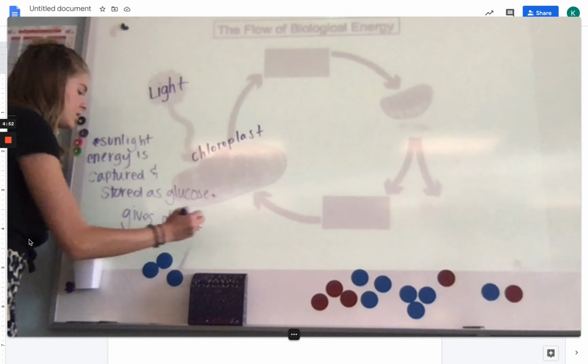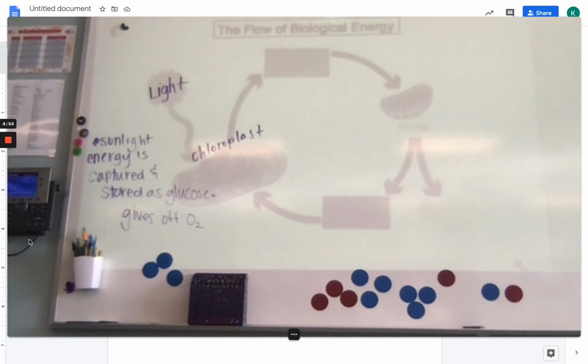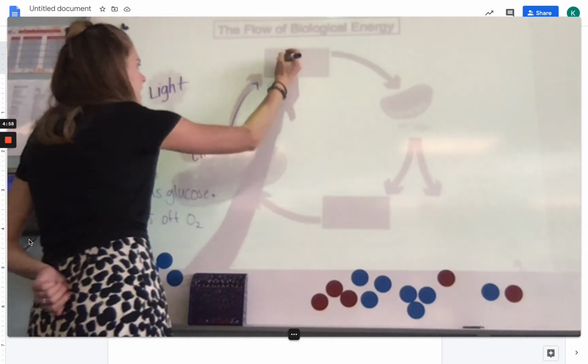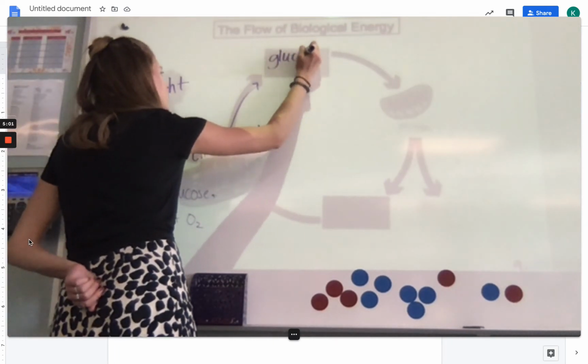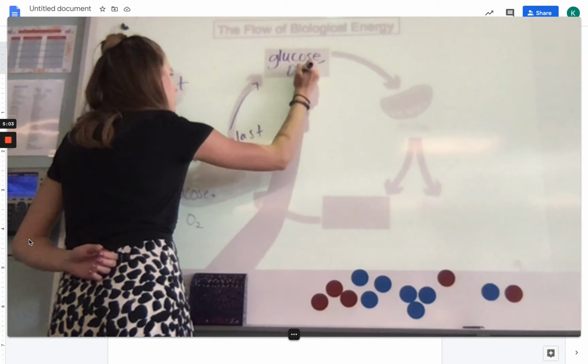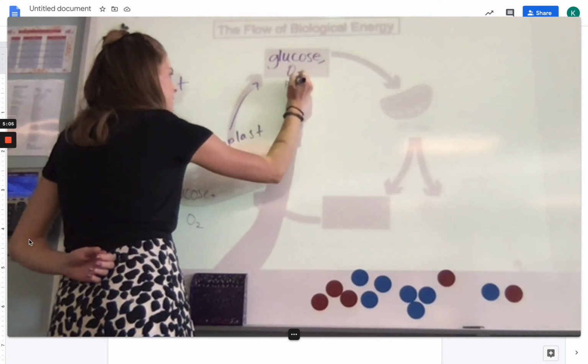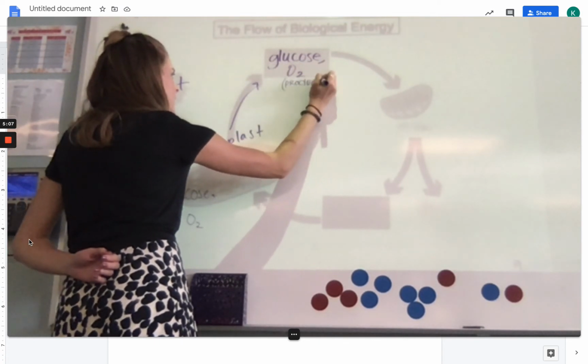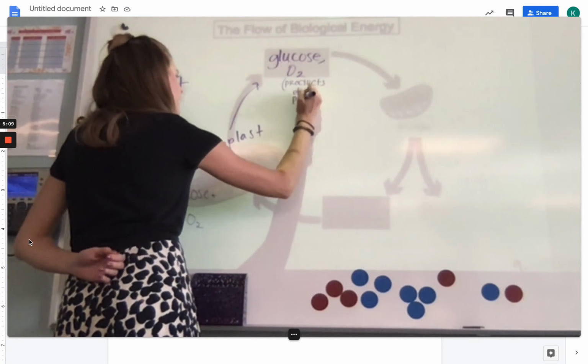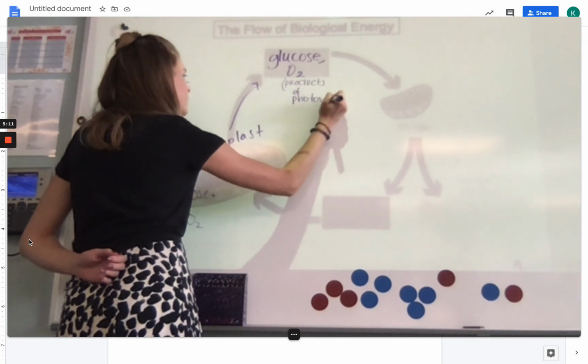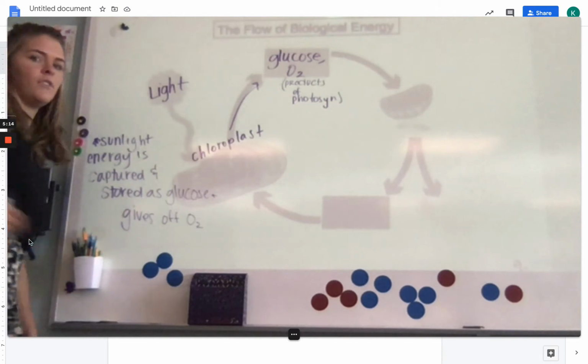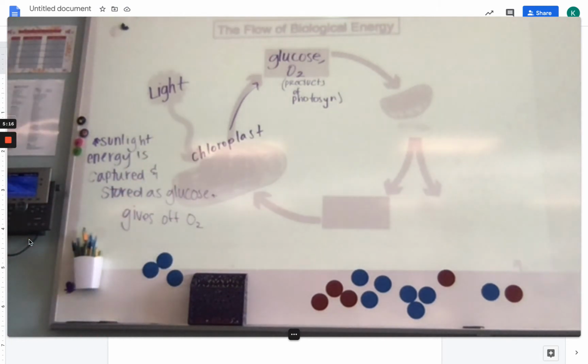Okay, so we know that during the process of photosynthesis, O2 is given off. Okay, so here we're making glucose and O2, which are the products of photosynthesis. We know that those are given off from our chloroplast.